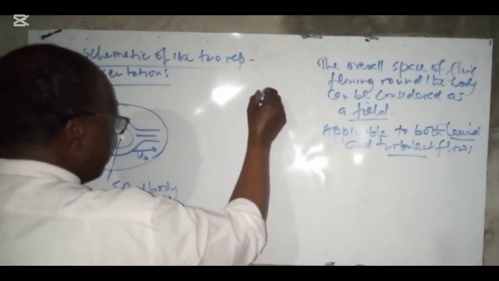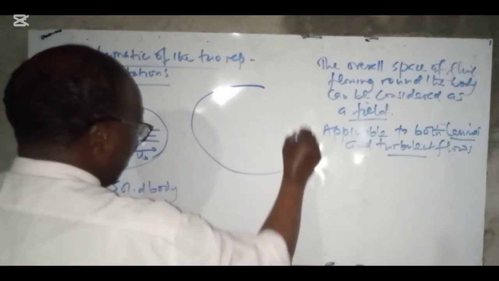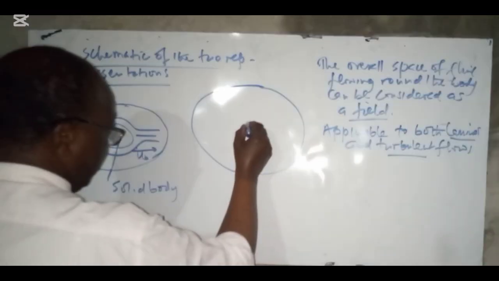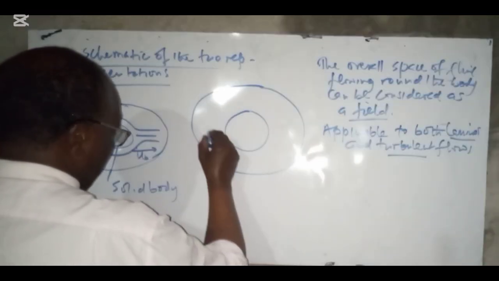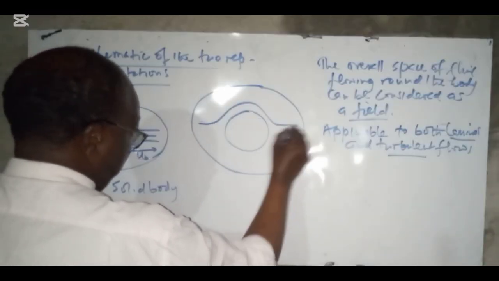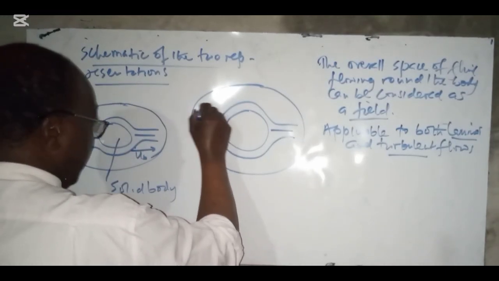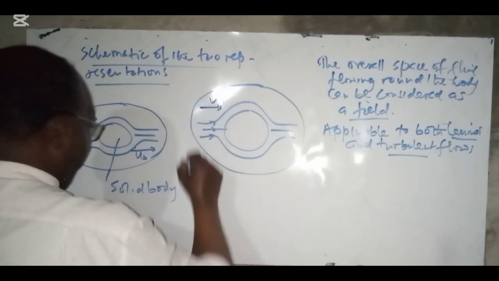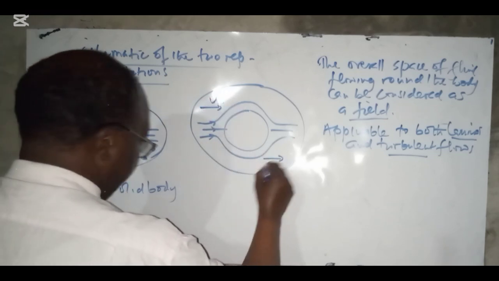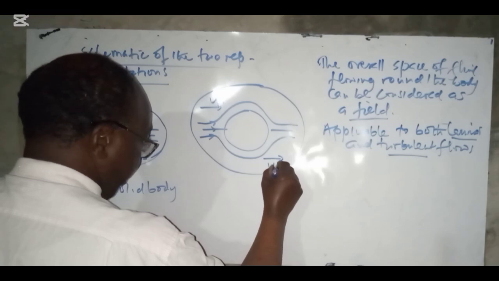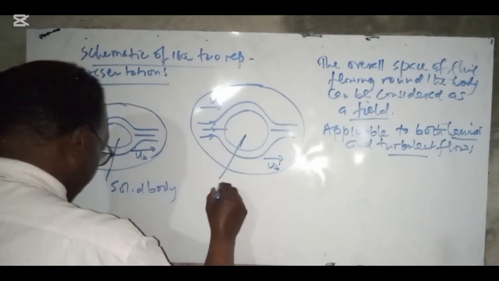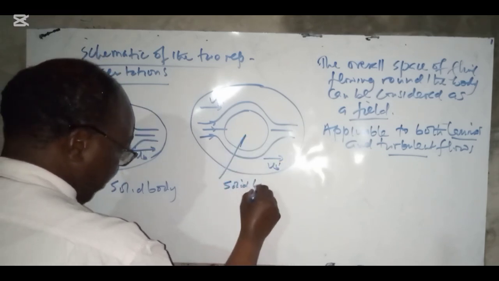And the other one is the same, so let's call this ua prime and this point ub prime, because this is still a solid body.